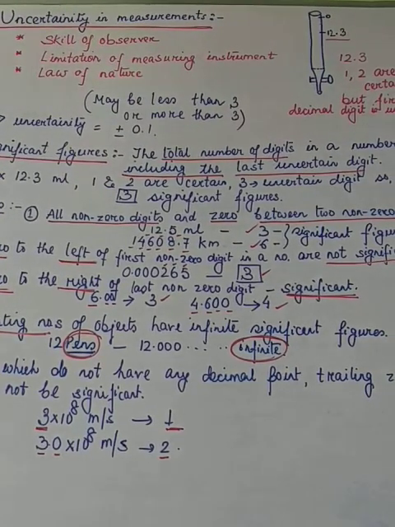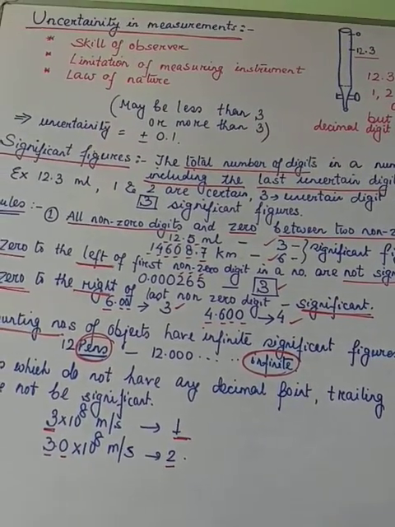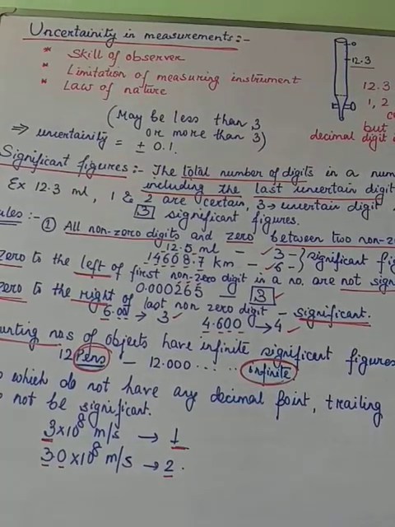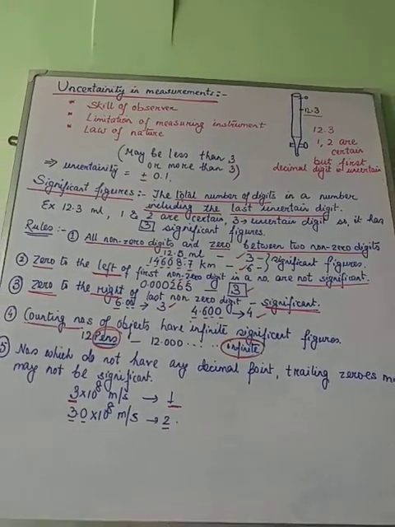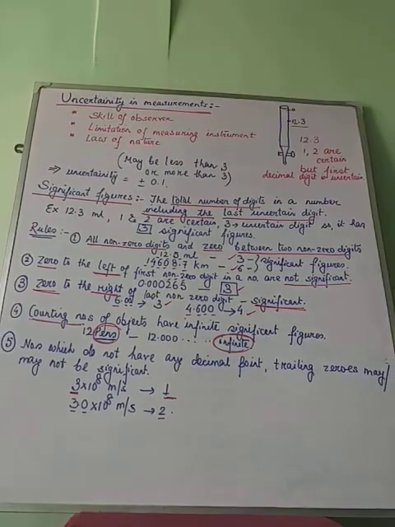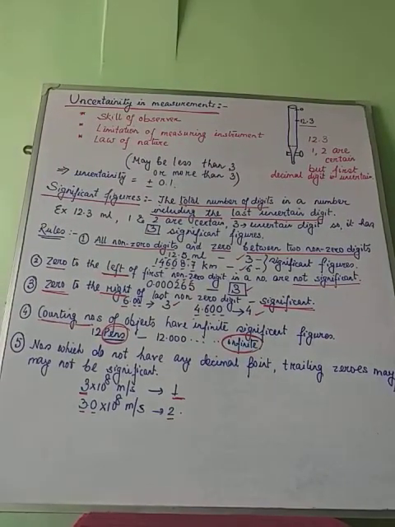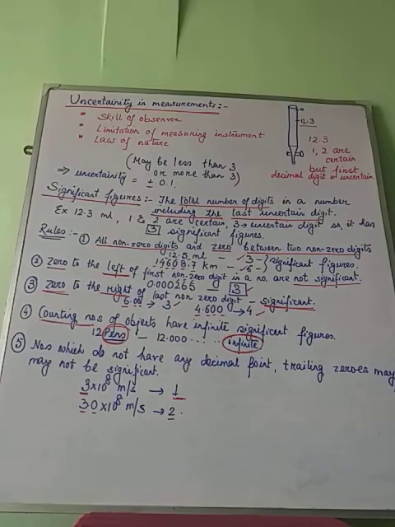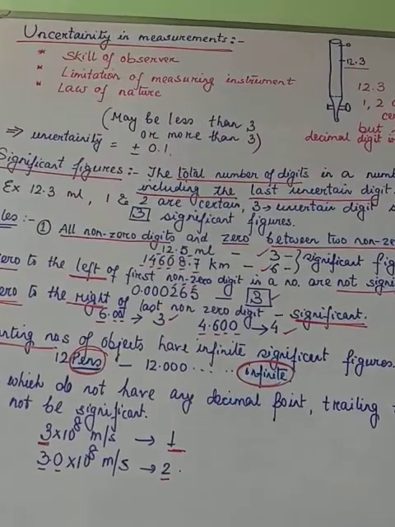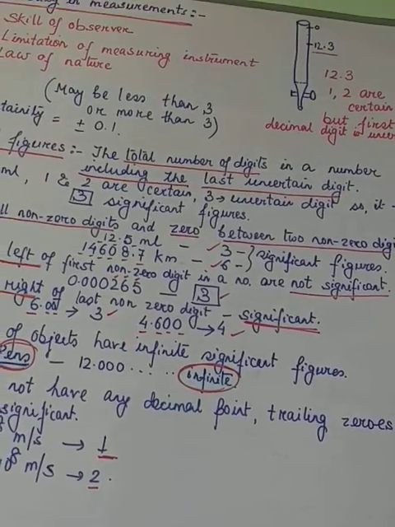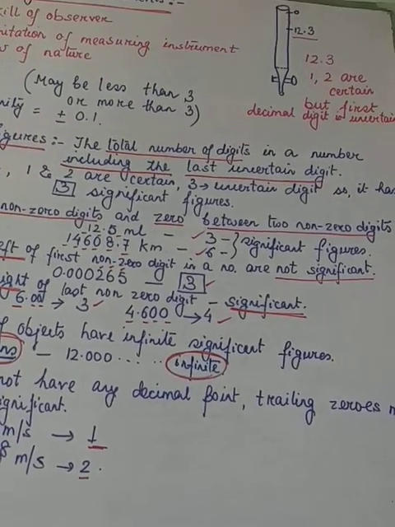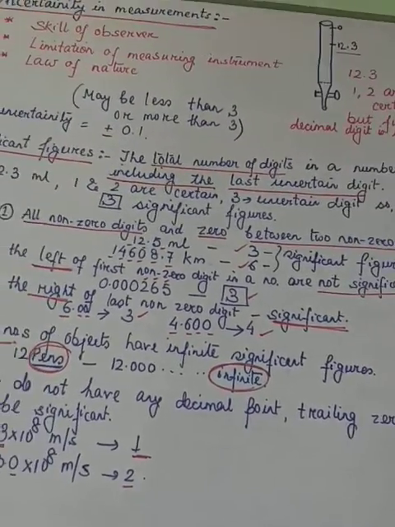To get the accuracy, we should know the actual value or the true value of the measurement. And precision is the closeness of your own measurements. It is possible that the readings you are taking are very close to each other, might be repeating also.